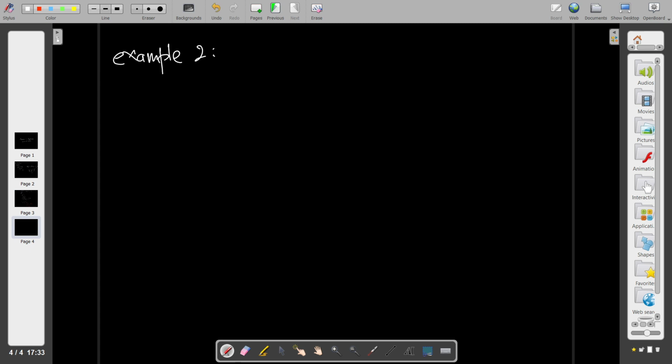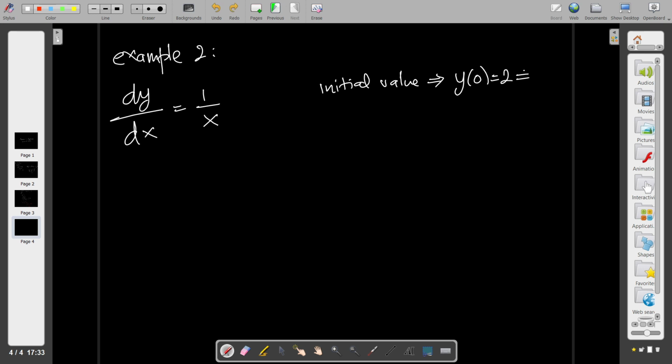For example 2 I have this expression dy per dx equals 1 per x, and the initial value is y0 equals 2.